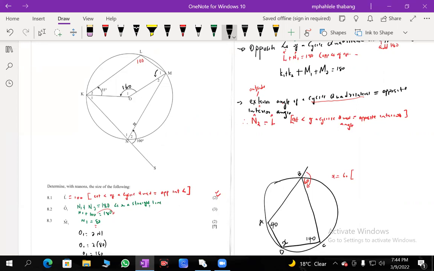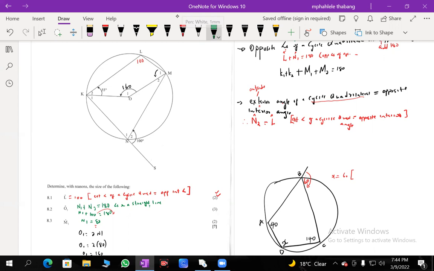Quadrilateral LKOM. The sum of the angles of a quadrilateral add up to 360. So you are focusing on this quadrilateral.